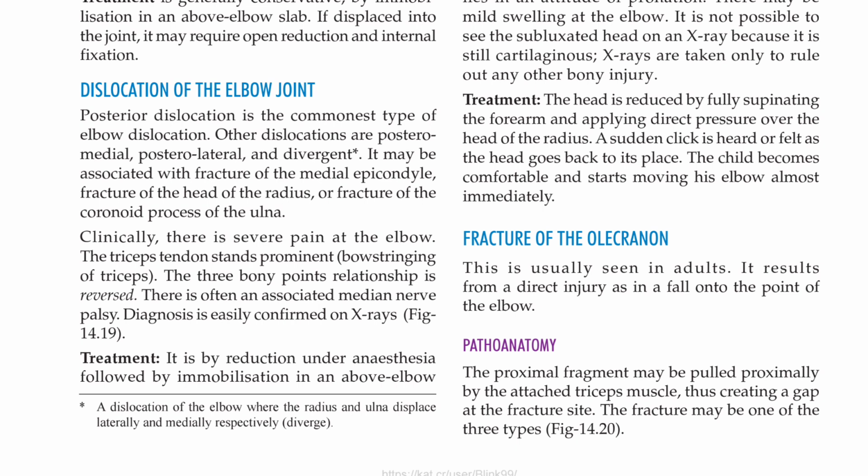A dislocation of elbow where radius and ulna displace laterally and medially respectively, that is diverge. So in dislocation of elbow joint, posterior dislocation is the commonest type. Other dislocations are posteromedial, posterolateral and divergent.